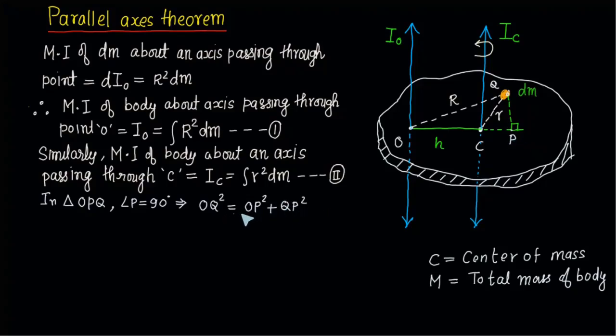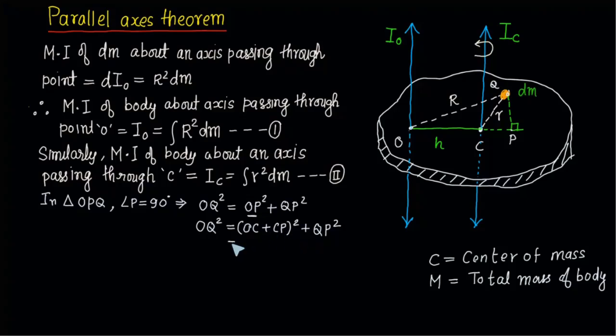If you simplify this further, this OQ is nothing but OC plus CP. You can say that this OP, which is from here to here, is the sum of OC plus CP. So I can simplify this as OQ square equals OC plus CP the whole square plus QP square, friends.